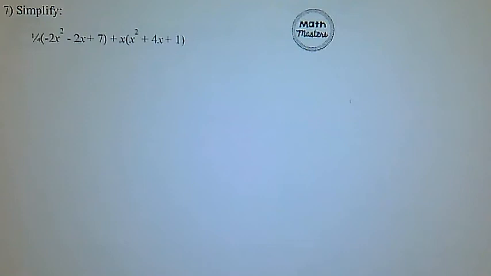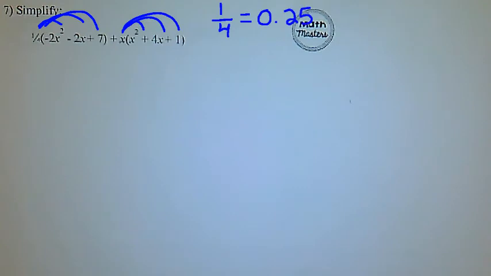All right, number 7, we have to distribute, then we can combine because the parentheses are separate. Okay, so let's see, a quarter, remember that, so now if you don't know what a quarter of negative 2 is, you can multiply it by 0.25 if you must. So this becomes a negative 0.5x squared minus 0.5x plus 1.75.